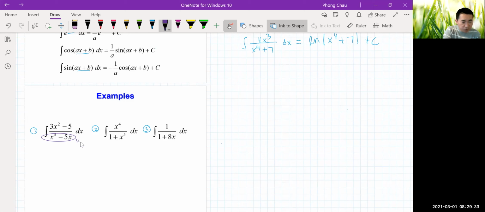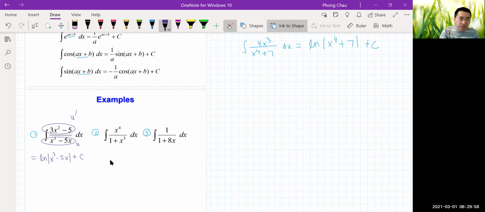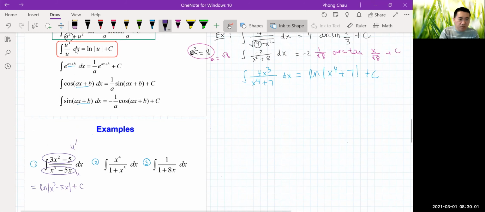So if this is your u, then your numerator is u prime. That matches the formula, and your answer will be the natural log of the absolute value of the denominator, x cubed minus 5x, plus c. Done. You see how fast it is when you have recognized the formula.